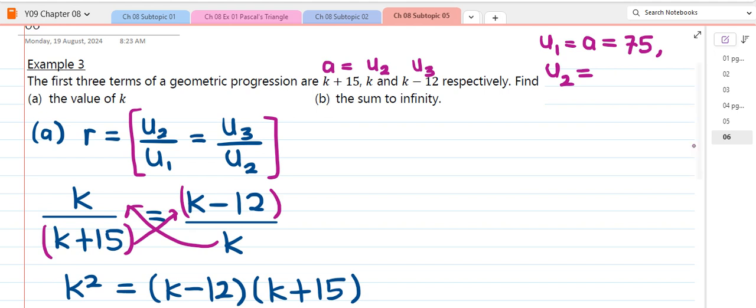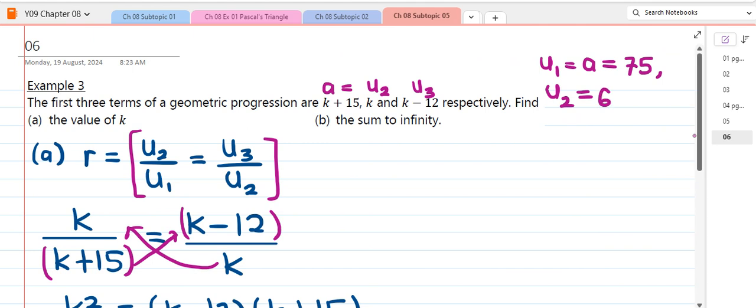So k is 60. And u3 would be 60 minus 12, so 60 minus 12 is 48. From here, you can already proceed to finding the sum to infinity.